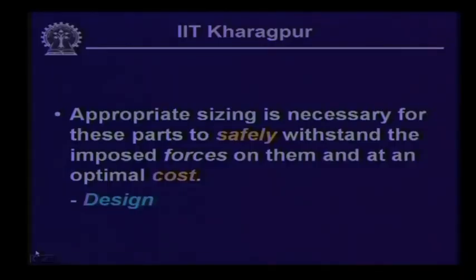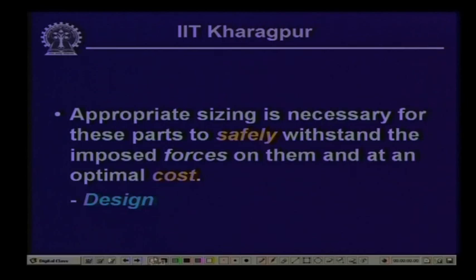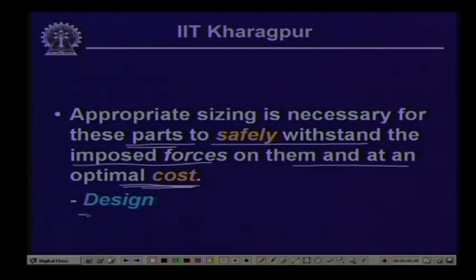So, as we have discussed, appropriate sizing is necessary for these parts to safely withstand the imposed forces, and at an optimal cost. Though we are not going to talk much about the cost aspect, when we talk about the term design, we are concerned with both safety and cost.